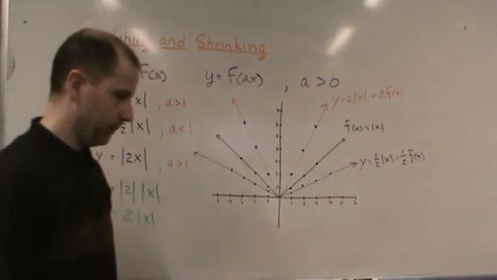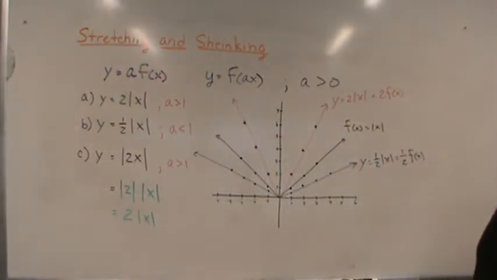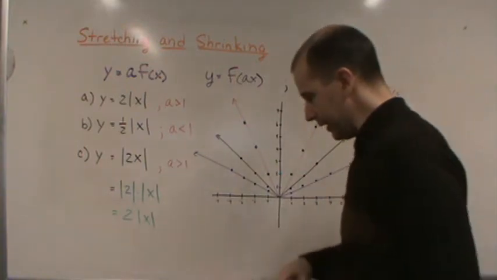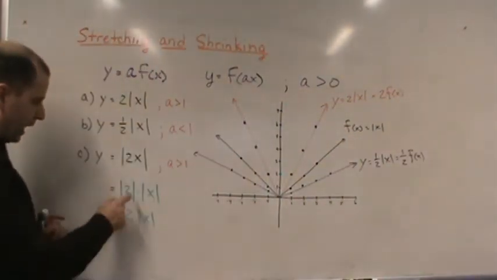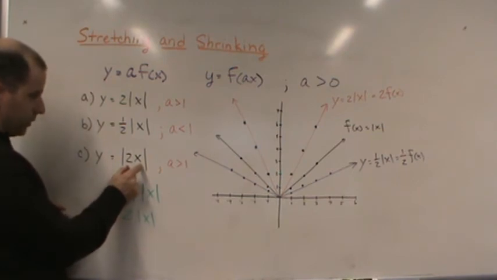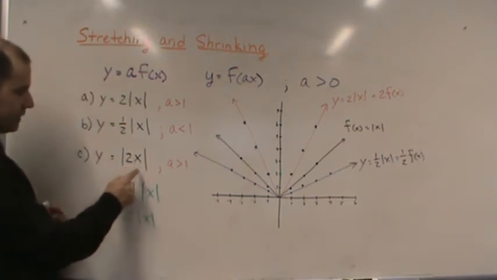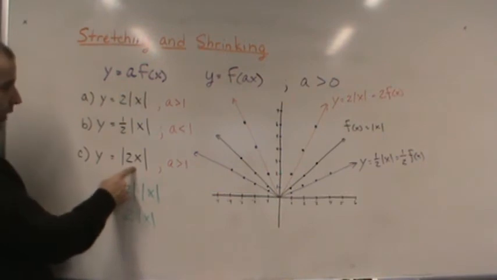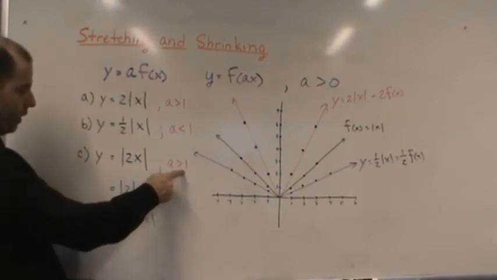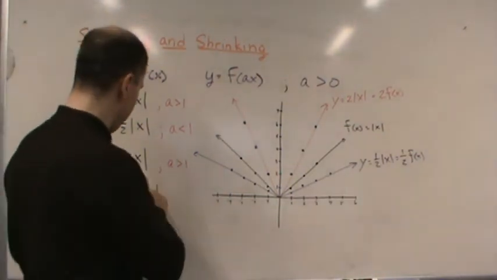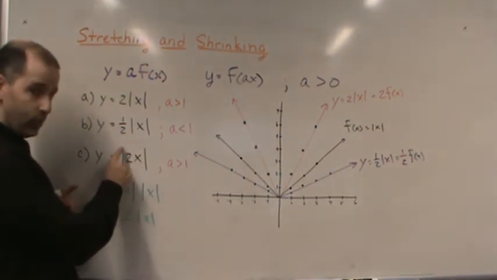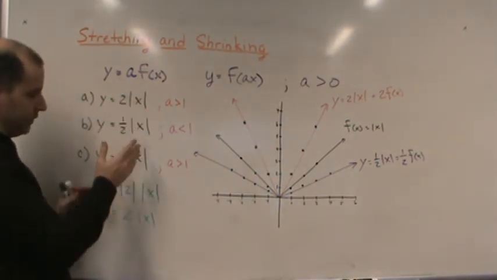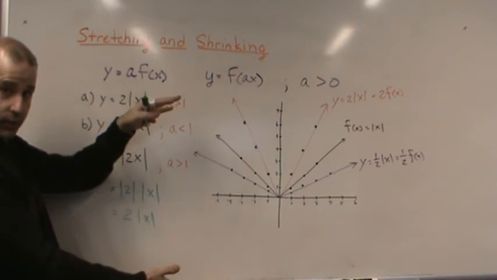Okay. And then the thing here is, in this case, I'm inside the function. So if inside the function, what does this turn into? Well, a is bigger than 1, and what's it doing? Well, I'm affecting x, right? So here, I'm affecting y, so it's in the vertical direction.